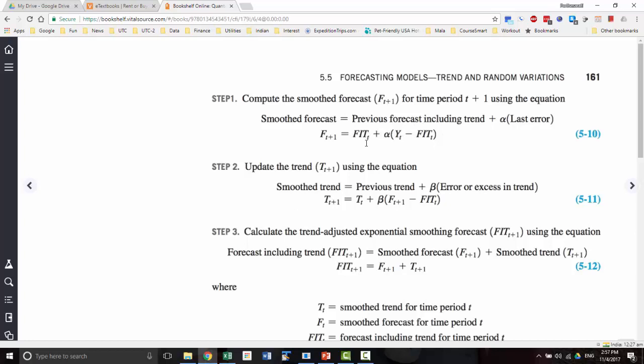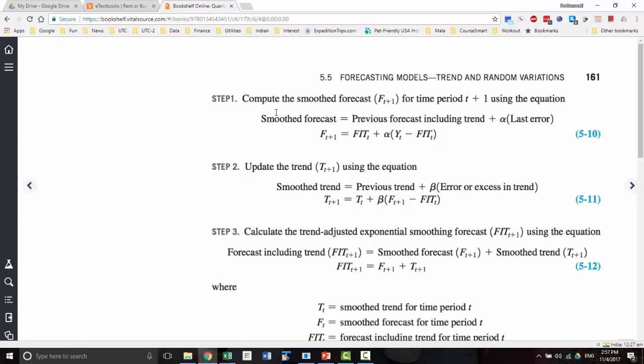You're at the end of time period t looking into t plus 1, so you do have the value of y sub t. So find the error. A part of that error is added back to the previous forecast, and that becomes your first step. That's not your final forecast, but your textbook calls it the smoothed forecast.